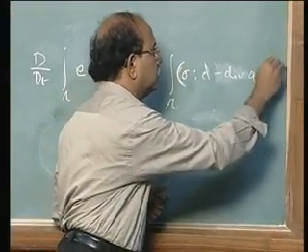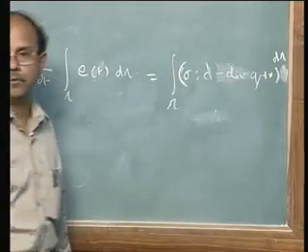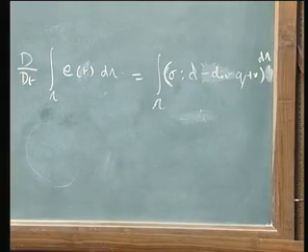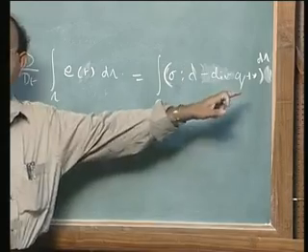I'll use the same symbol, d omega. So the material time derivative of E is equal to all these things.